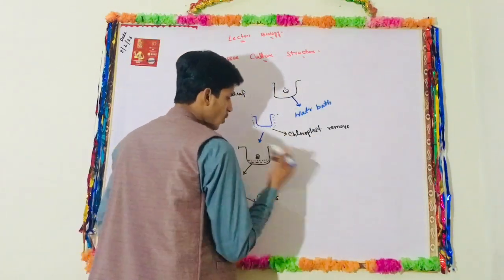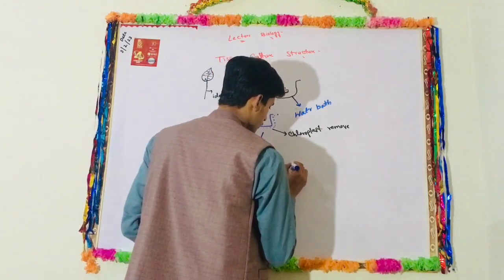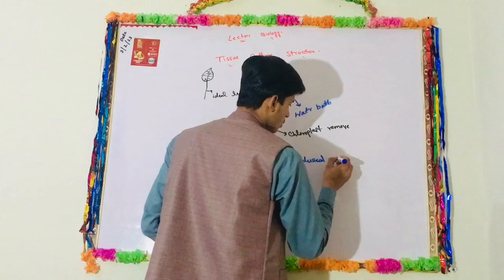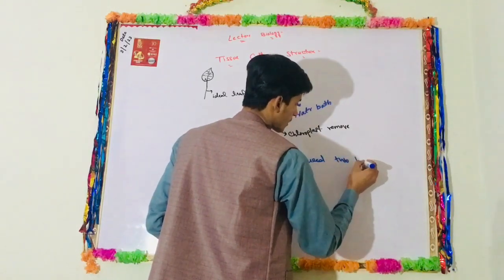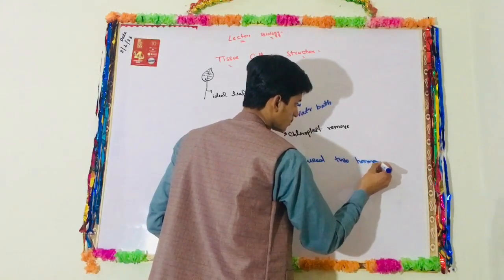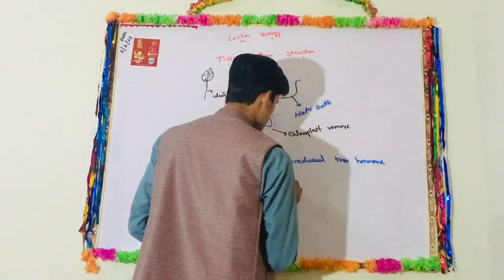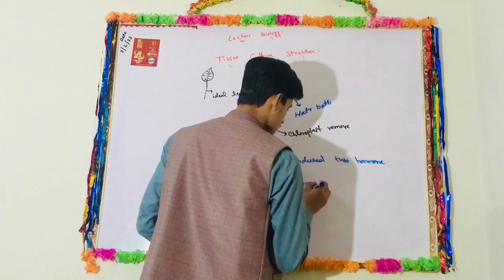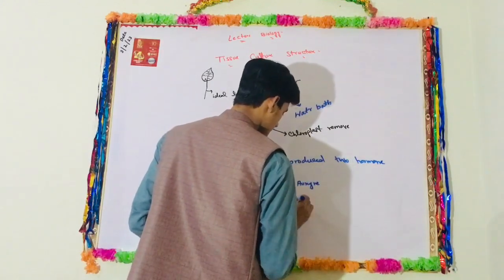After this, produce two hormones. The first one is auxin. The second one is cytokinin.